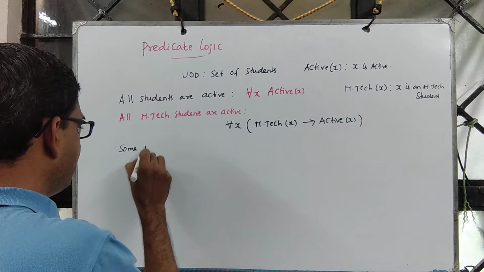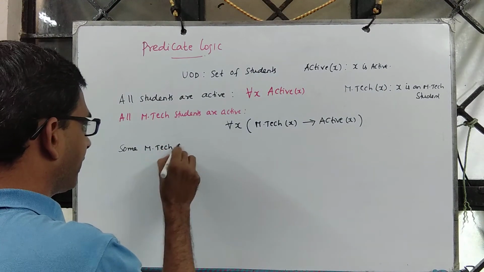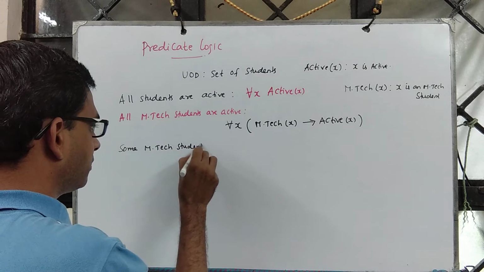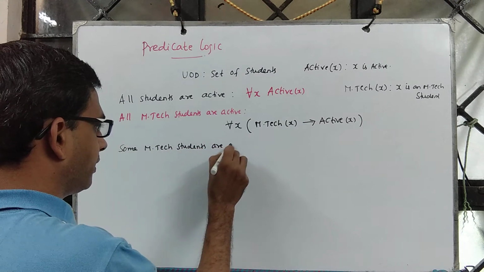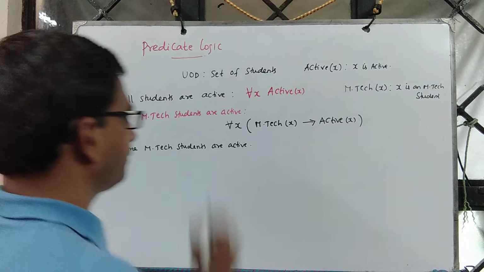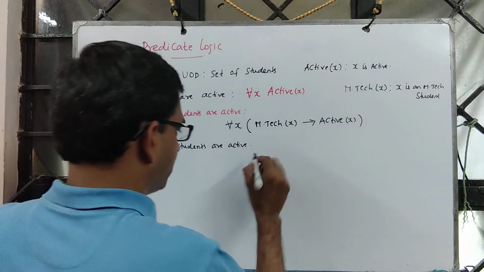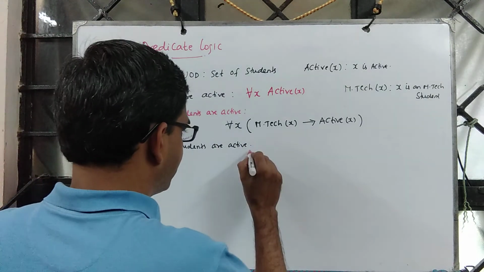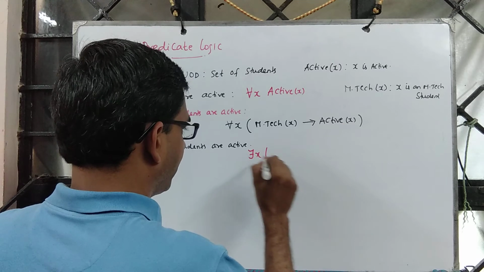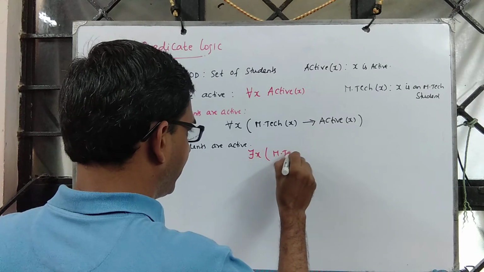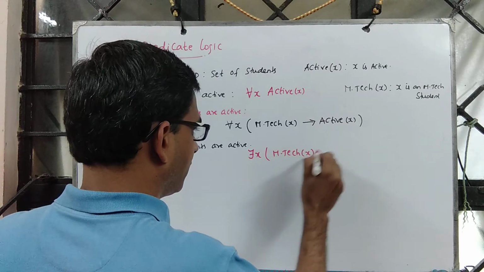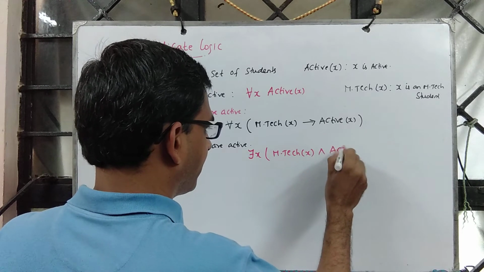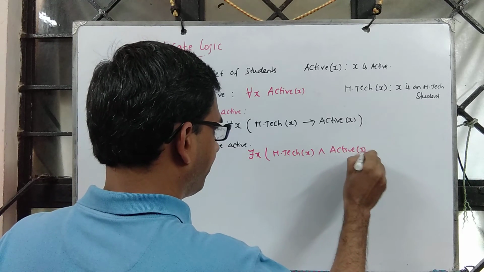Some MTech students are active. So then it is, there exists X. X is a student. First I need to say X is an MTech student and X is active.